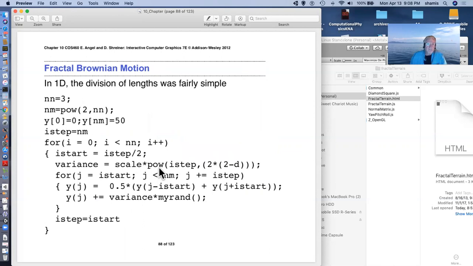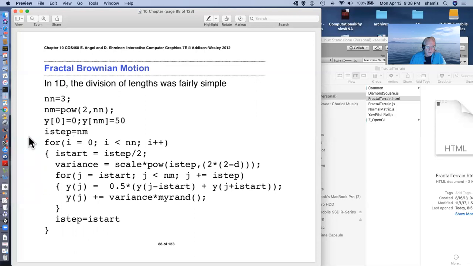So a simple algorithm for generating this, we have our n, which is 3. So we're going to divide this into 2 to the n different intervals. We can set our endpoints here for the 2 points.